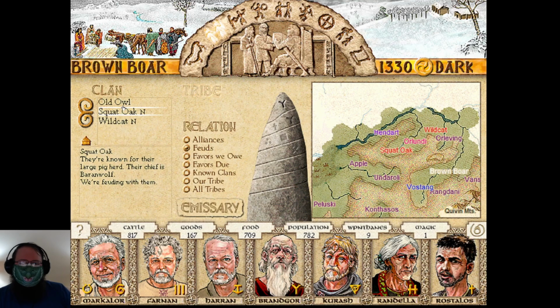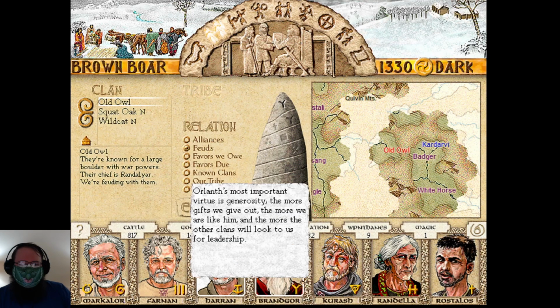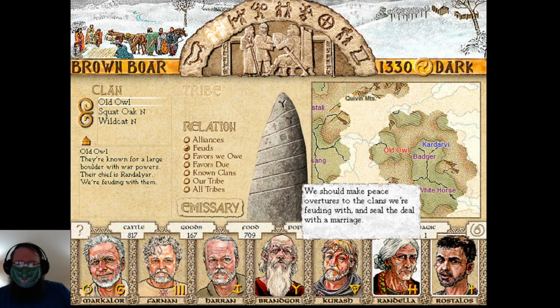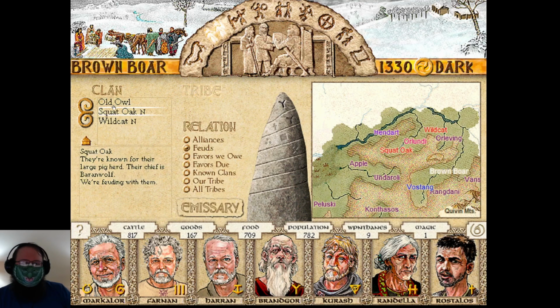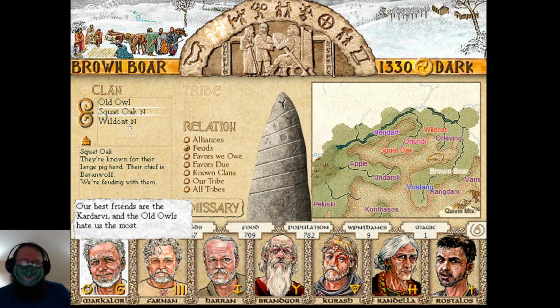Wildcats, squat, old owl. Our best friends are... The old owl hates us. And good terms with enablers. Seal deal in marriage. Support more temples. So that just means that the old owl hates us the most. So squat oaks haven't done anything to us. Large pickers, we are feuding with them.